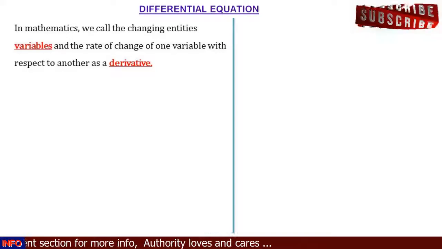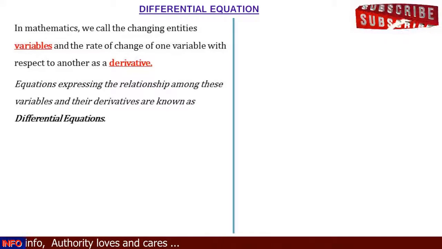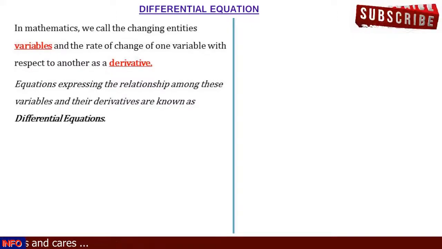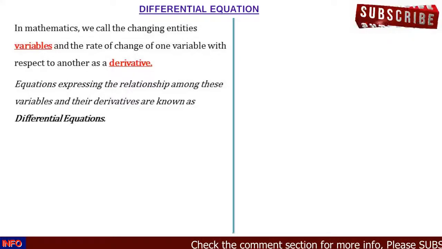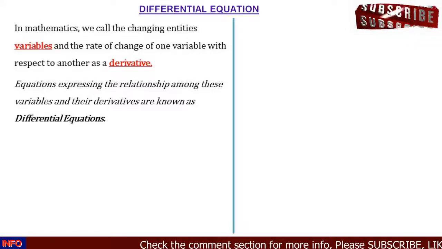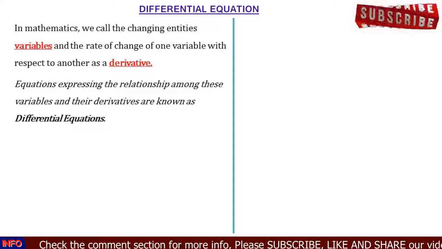Okay, now let's go. We say that any equation expressing a relationship among variables and their derivatives is what we know as a differential equation. We started initially by explaining what a variable is and what a derivative is. A variable simply means anything that can change, changing entities.